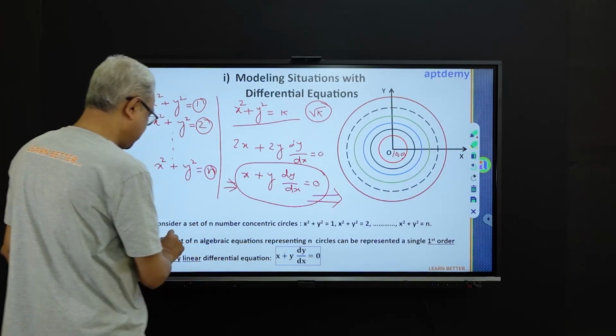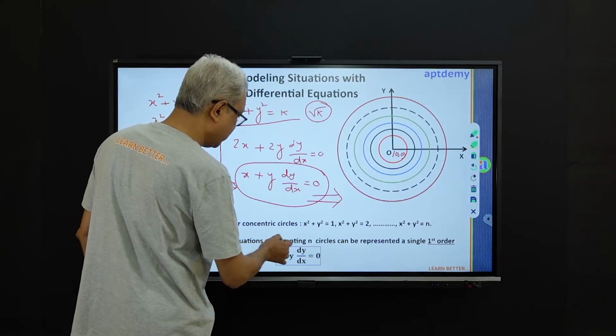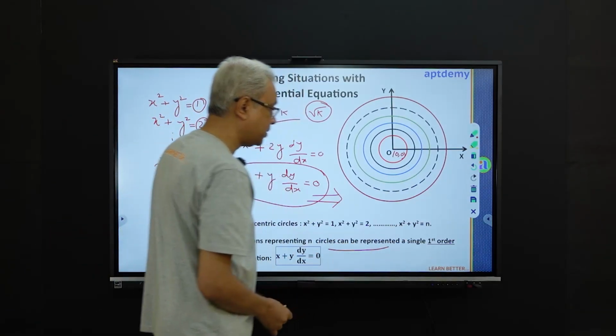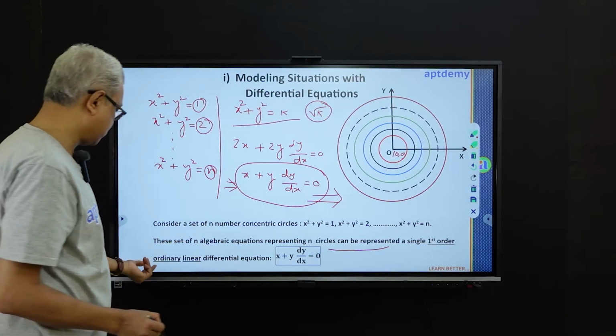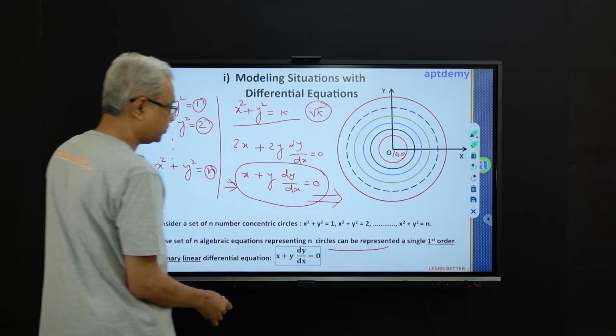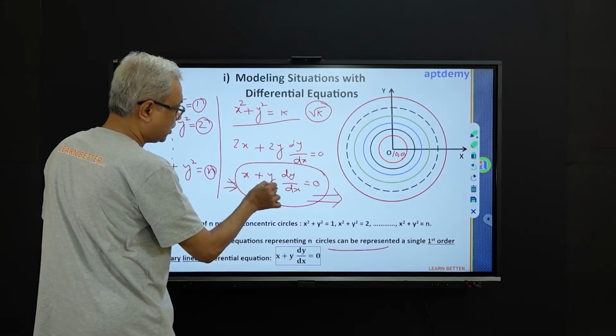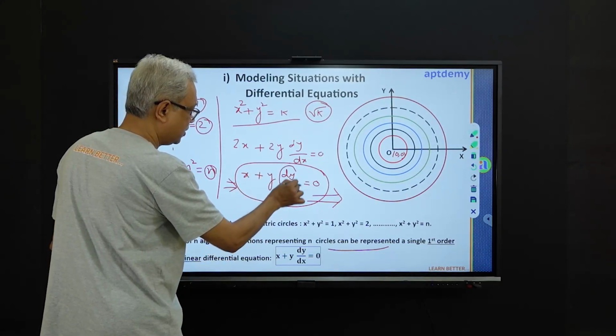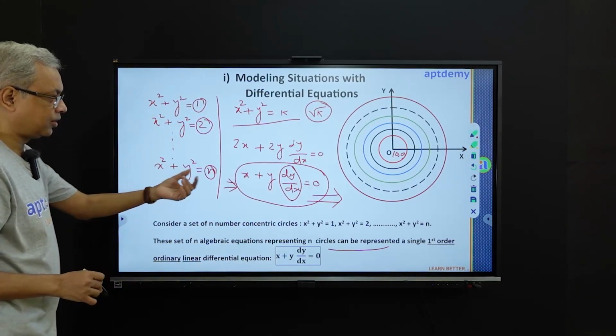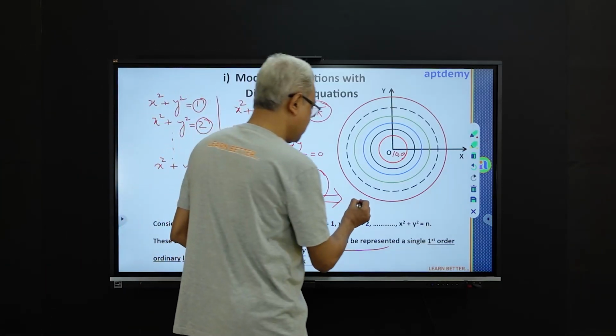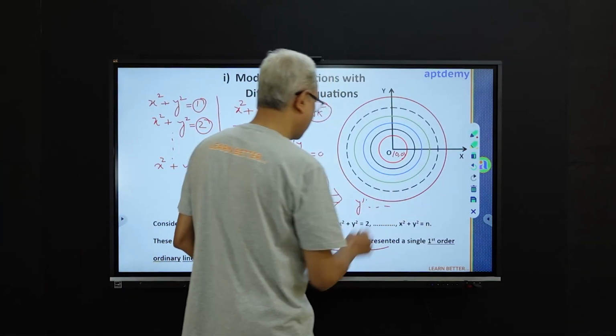So this set of n algebraic equations representing n circles can be represented as a single first order ordinary linear differential equation. Single first order, because there is no term involving y double dash or higher order terms.